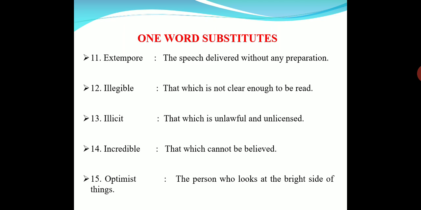Sometimes when somebody doesn't write properly, we say, enti, Brahmaratana, because we think that the writings of Brahma cannot be understood by others. In the same way, these people's writings also others cannot understand. Anyhow, illegible means that which is not clear enough to be read.